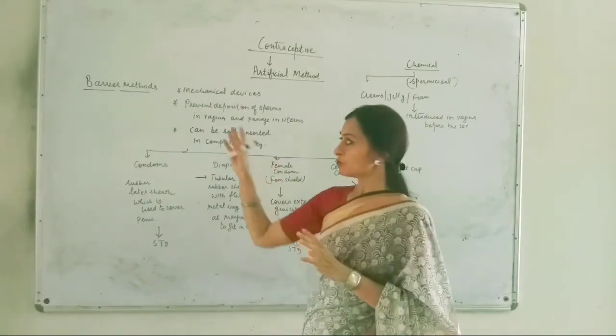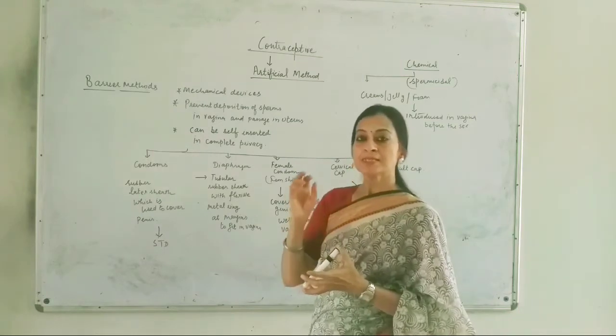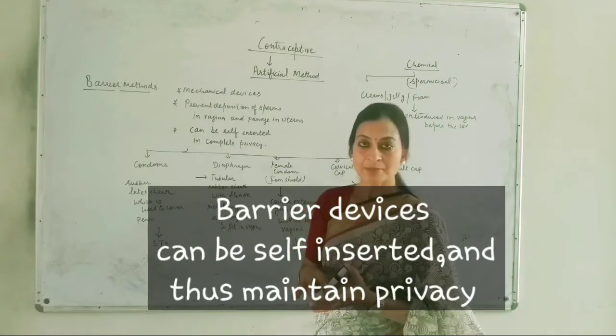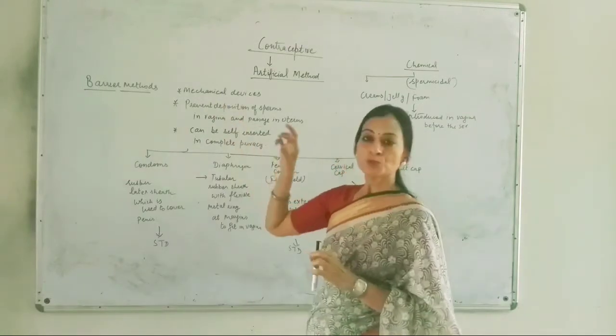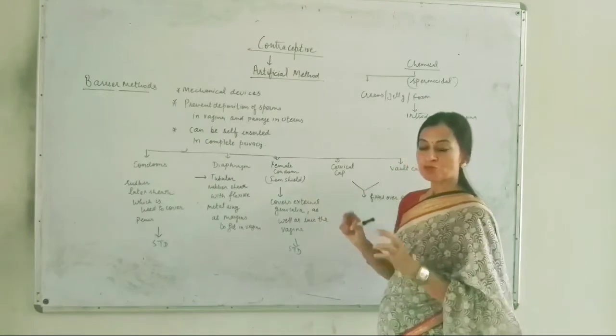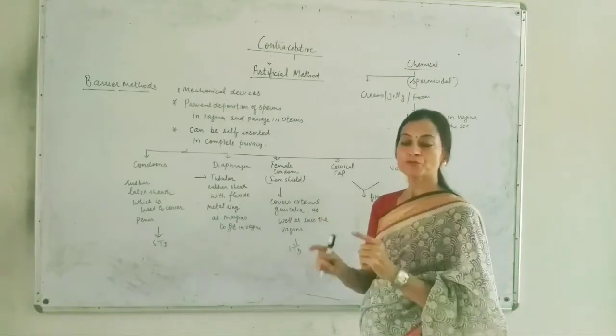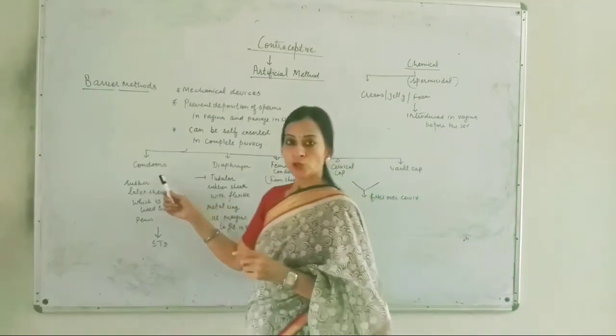The plus point of these barrier methods is that they can be self-inserted, which means complete privacy can be maintained while using them. There are a number of barrier methods which will prevent entry of sperms into the female body. They are like condoms.